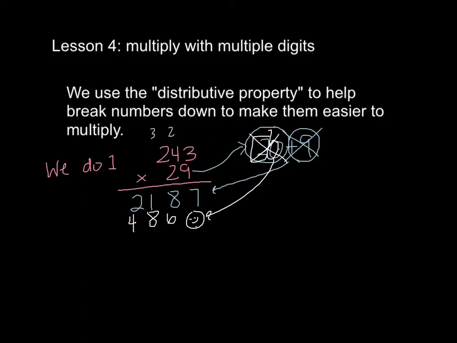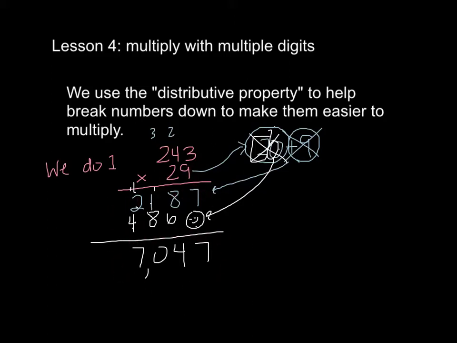So when I add those together, 7, 8 plus 6 is 14. 8, 9, 10, 4, 5, 6, 7. That tells me what 29 times 243 is. If 20 times 243 is this, and 9 times 243 is this, when you add them together, you'll know your answer.